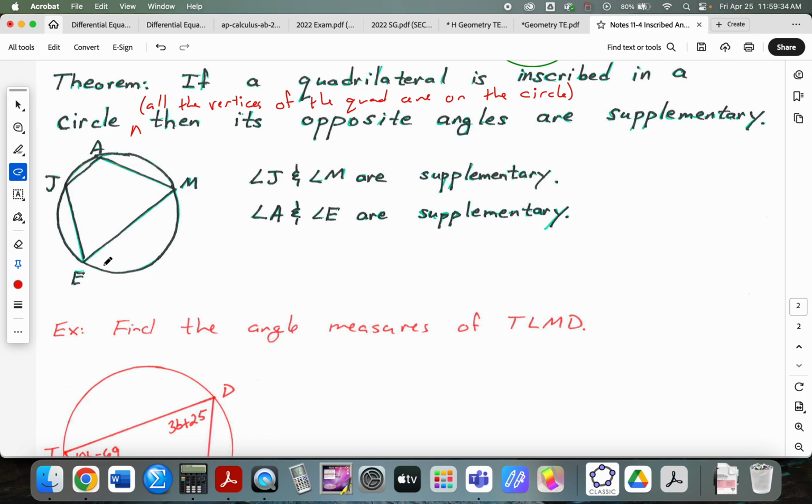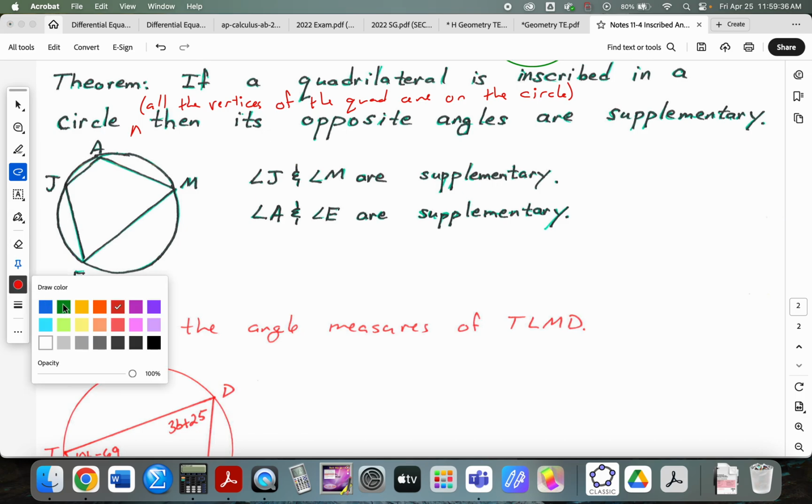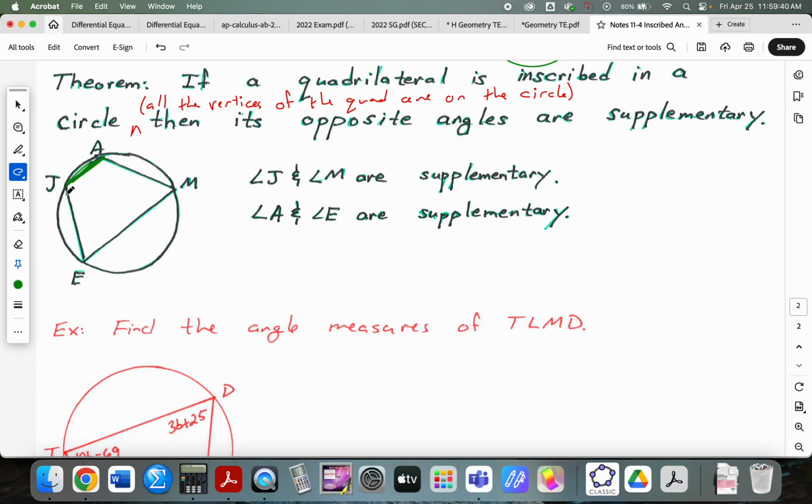Just a real quick of why. Again, you don't need to draw this, but let's say I start with this angle, angle J. It intercepts the arc from here all the way around to here, right?